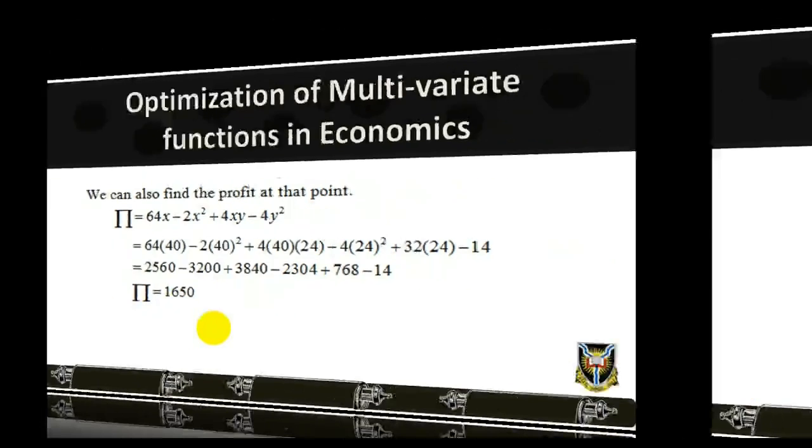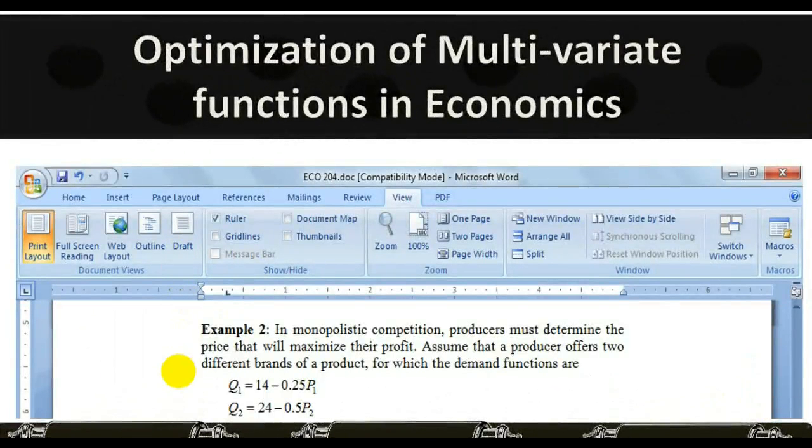Pi equals 1,640. Example 2. In monopolistic competition, producers must determine the price that will maximize their profit.